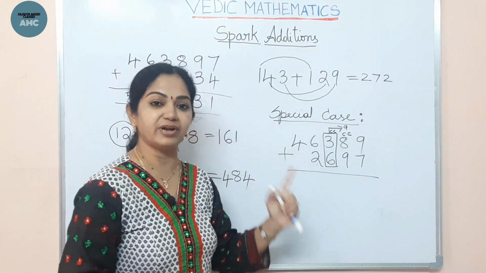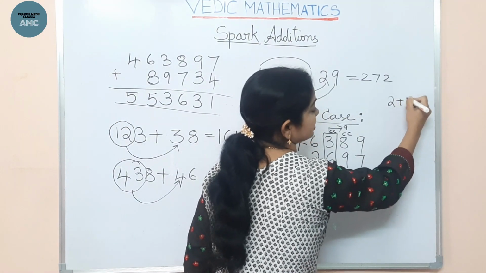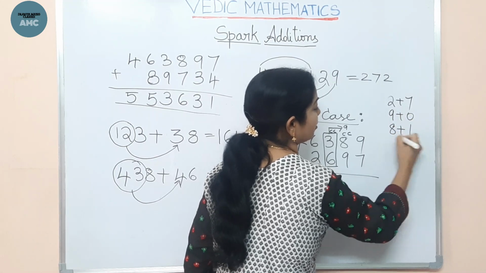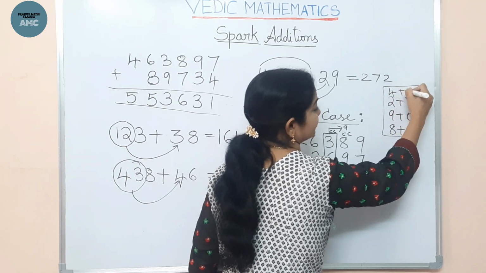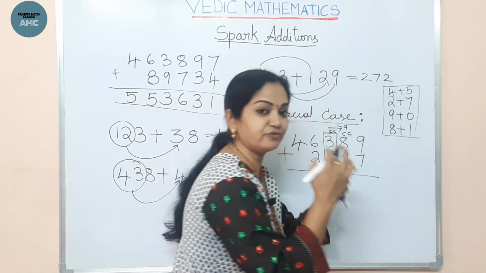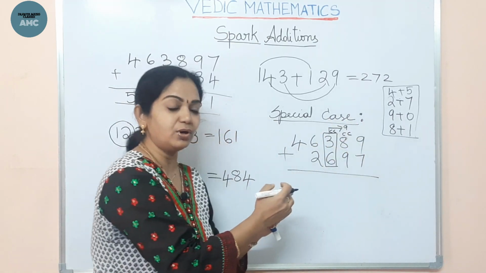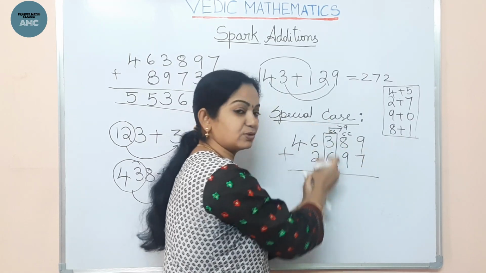So in case of 9, not only 3 and 6, any combination, 2 plus 7, 9 plus 0, 8 plus 1, 4 plus 5, any combination of 9 in between the numbers, you see the next number. If it is a carry, this 9 also is a carry.